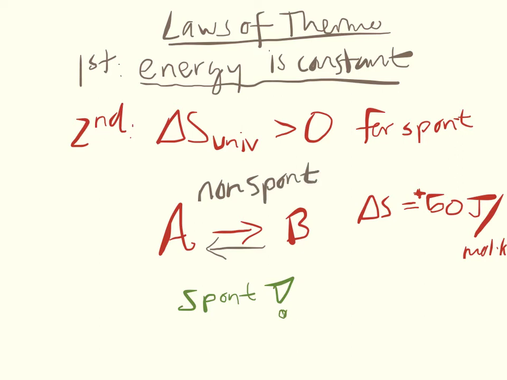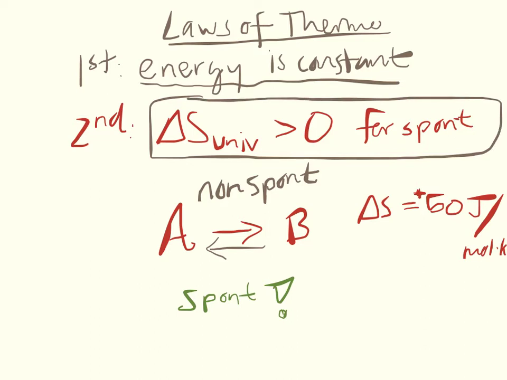So since the entropy of the universe is always greater than zero for spontaneous reactions, we can say that spontaneous reactions only occur in one direction. Or another way of saying that is a reaction cannot be spontaneous in two different directions. So how can we determine the spontaneity without just using entropy?